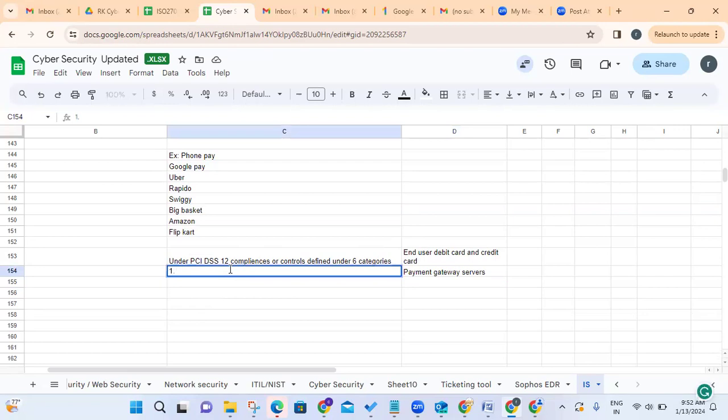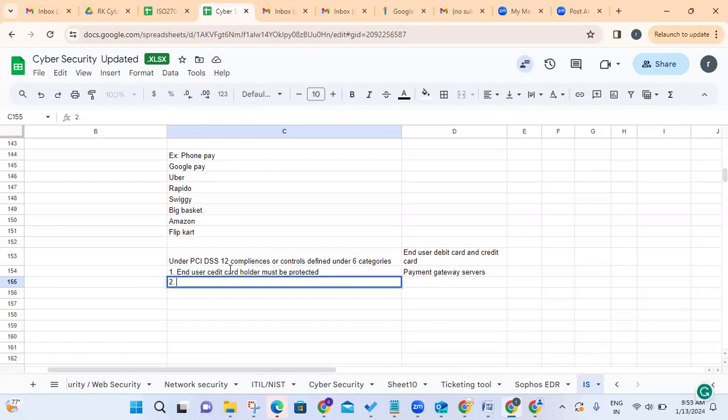Those compliances are: end user credit card holder data must be protected. So whatever credit card data we are putting in these apps or applications or websites, our data must be protected. That is one of the compliances.